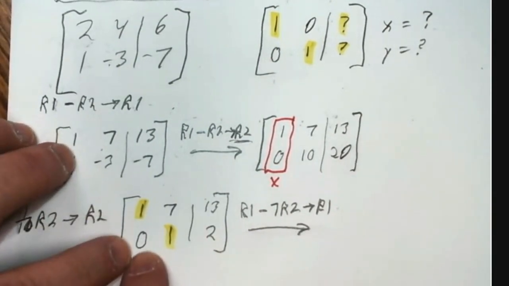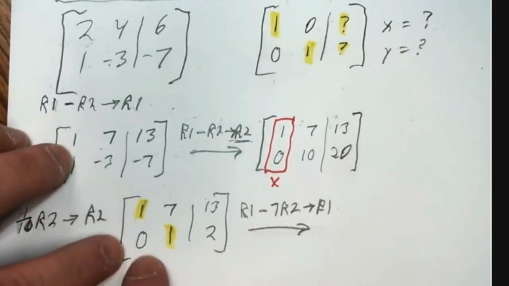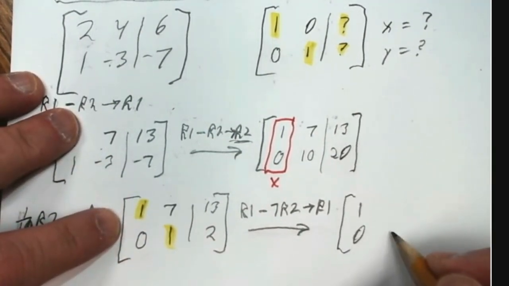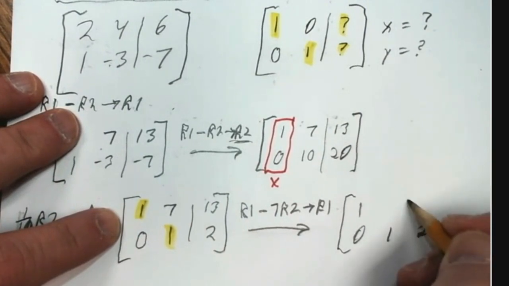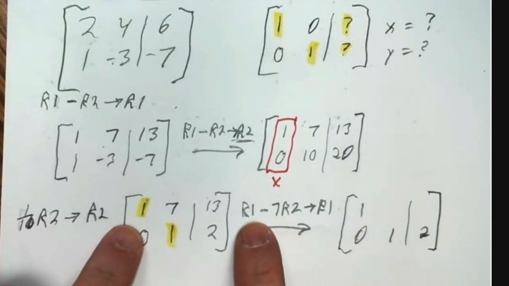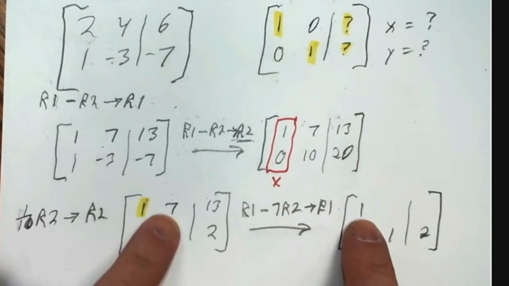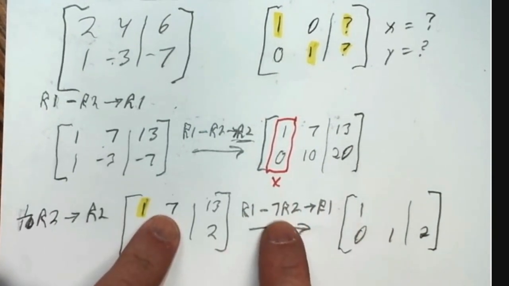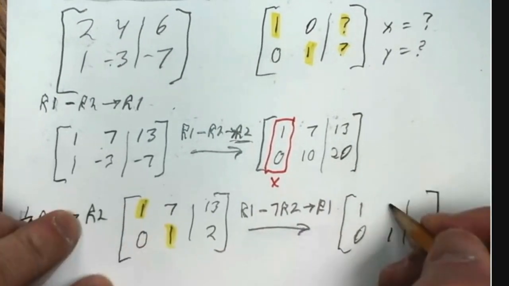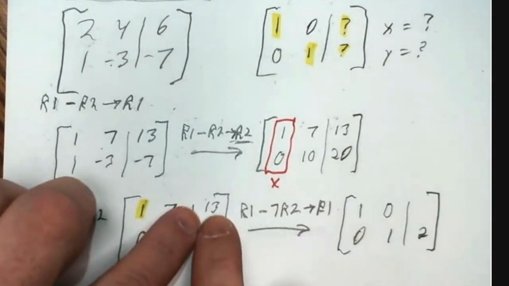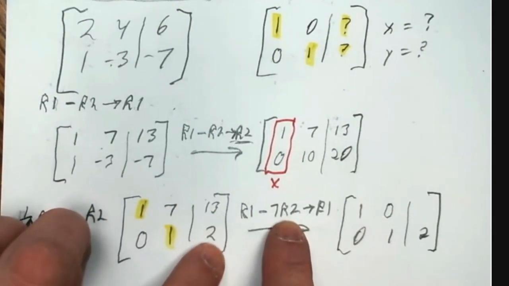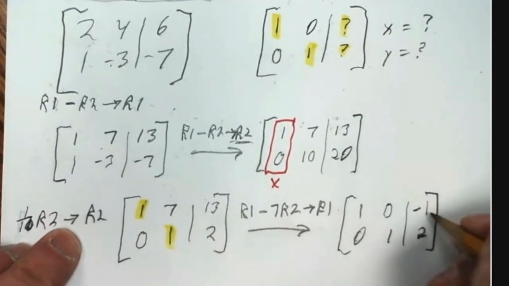So 1 minus 7 times 0 is still 1. Remember, the bottom row didn't change. 7 minus 7 times 1, 7 minus 7 is 0. 13 minus 7 times 2, 7 times 2 is 14. So 13 minus 14 is minus 1.